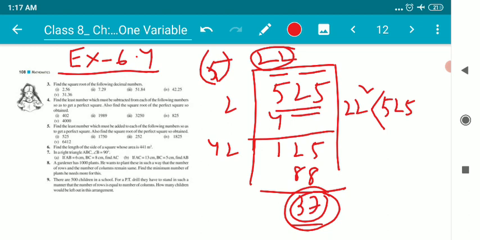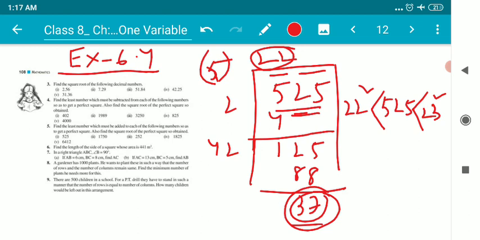So if I take a larger value than 22, then I may get a perfect square. So 525 is greater than 22 square, but 525 is surely lesser than the square of 23.